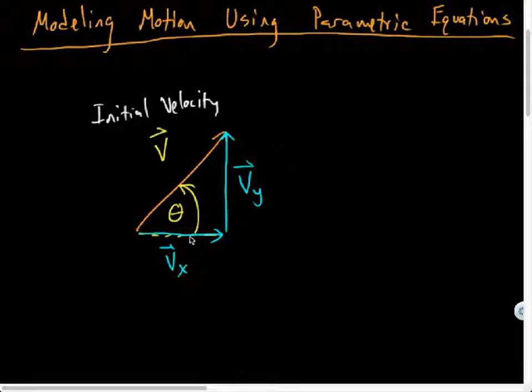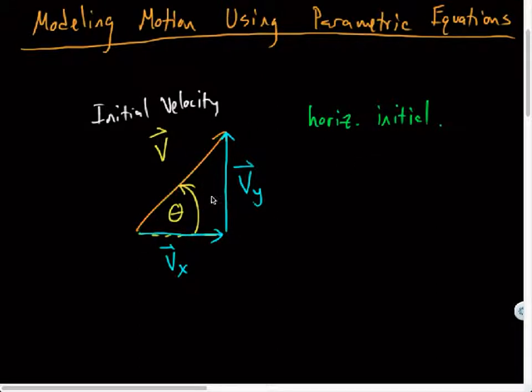So if I wanted to figure out what either of these velocities were, or more specifically their magnitudes, you could actually find the horizontal initial velocity using some of our basic trigonometry, right? So if I know the initial magnitude and the angle, I can figure this out just using trigonometry.